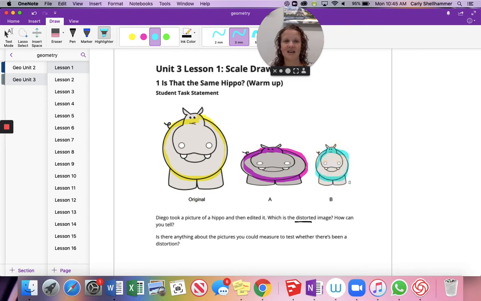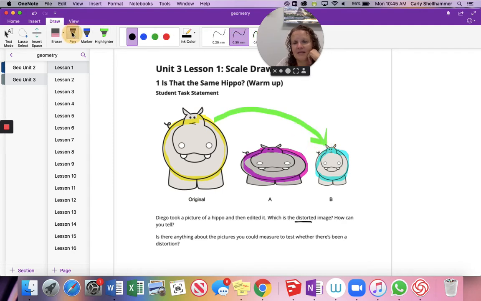So that's a good sign, right? I think that if we looked at it, the original would go to hippo B because the shapes are the same, just smaller.